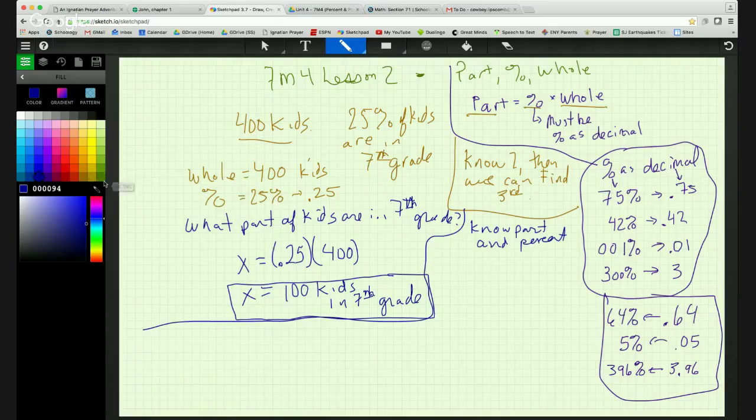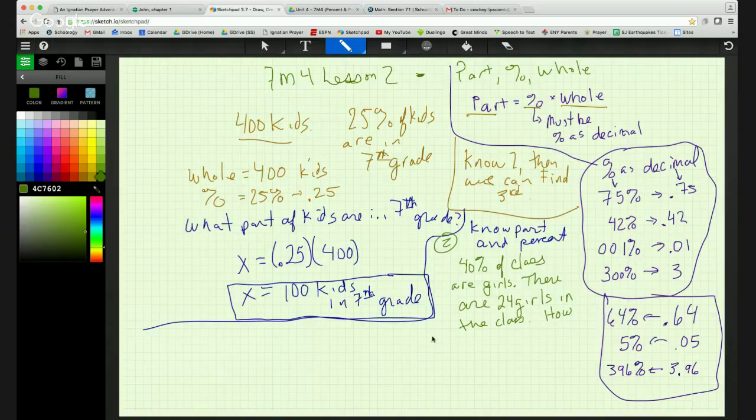So an example of this would be, this is example 2. So we have, let's do 40, it's easier to calculate. 40% of the class are girls. There are 24 girls in the class.